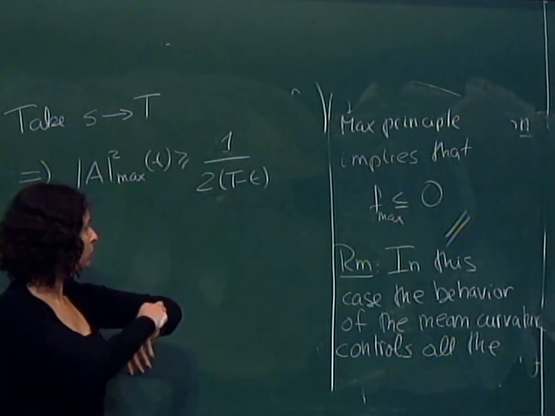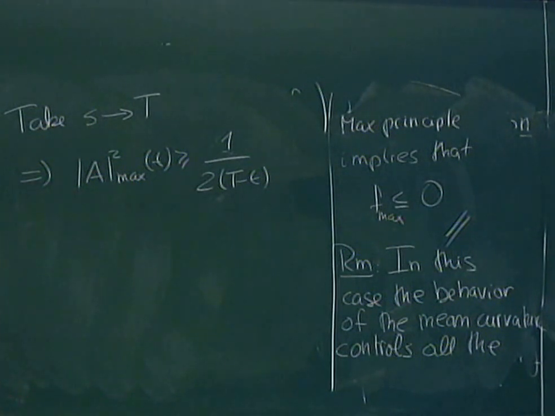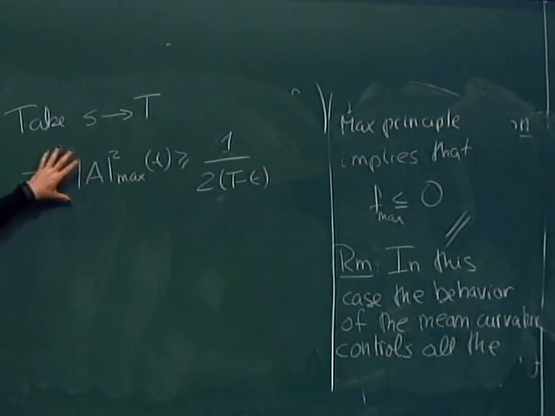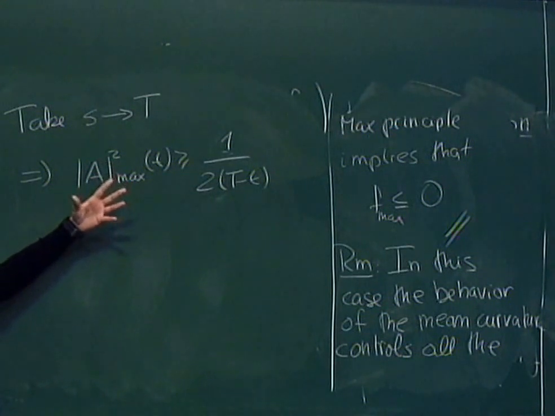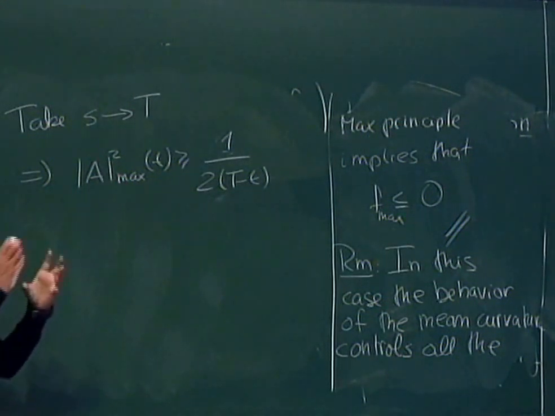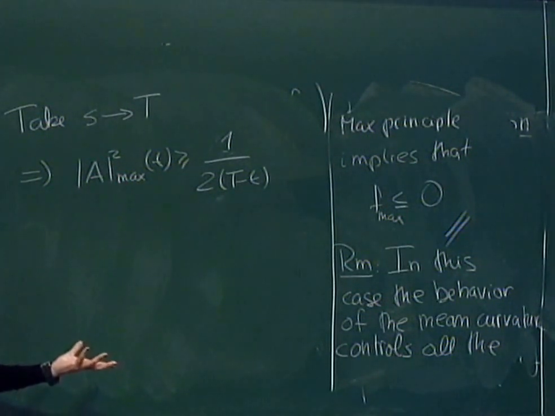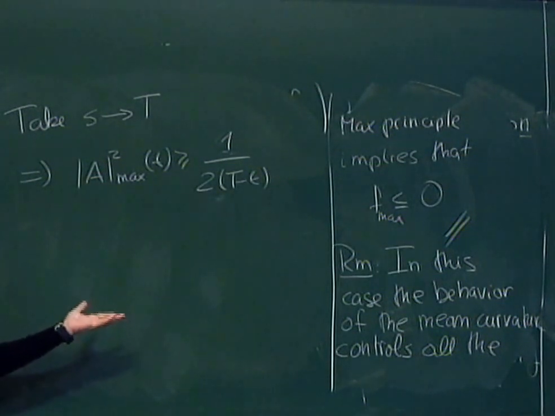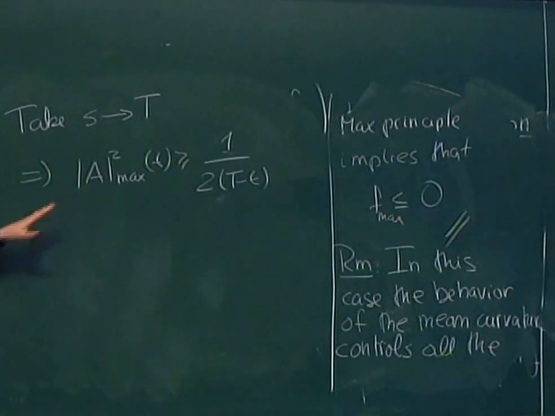And I probably should finish now. I'm going to start tomorrow by giving you one example showing that you can have singularities that are worse than spheres or cylinders, because so far what we know is that this is converging to a point or a line or something like that. I want to say that it makes sense because I can at least show you some singularity that is worse than that.